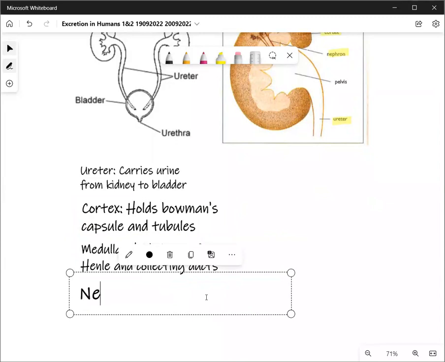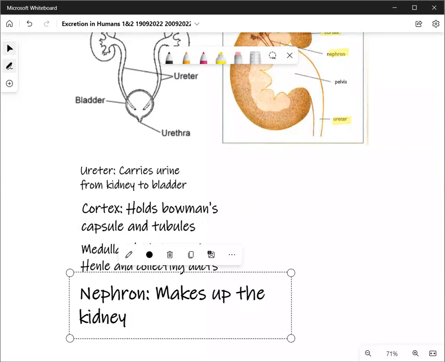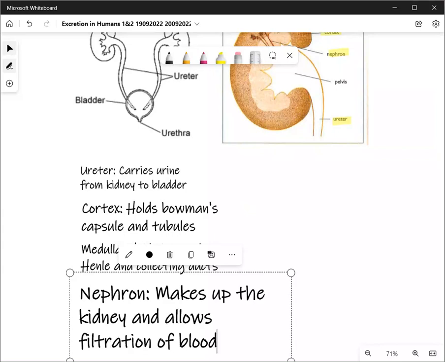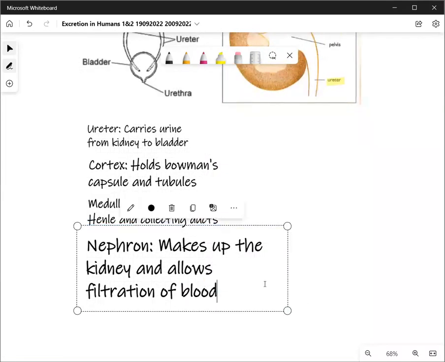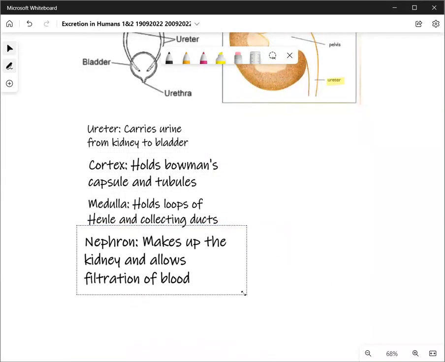The nephron makes up the kidney and allows filtration. That's what the nephron is.